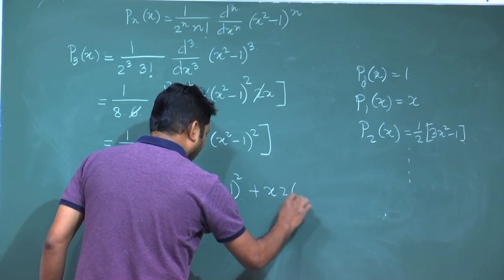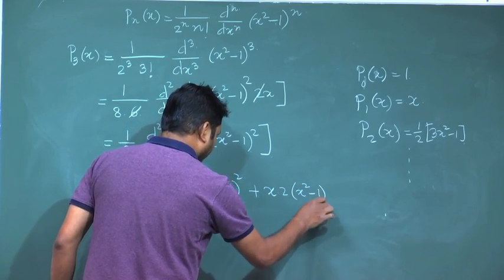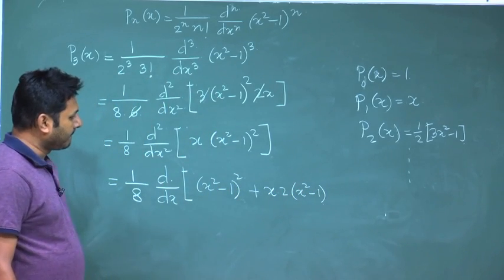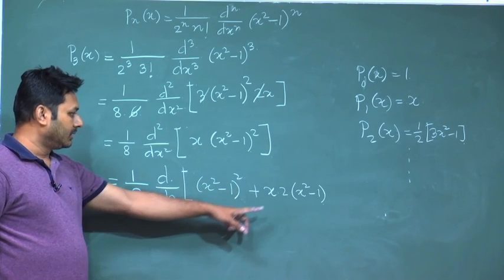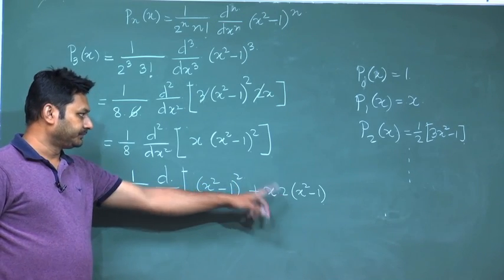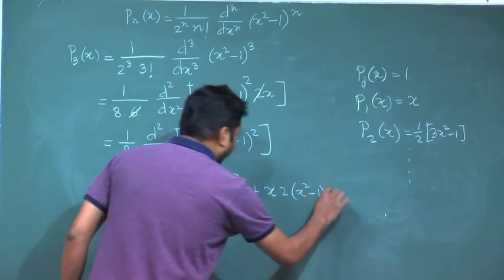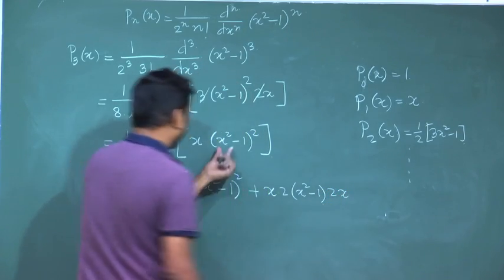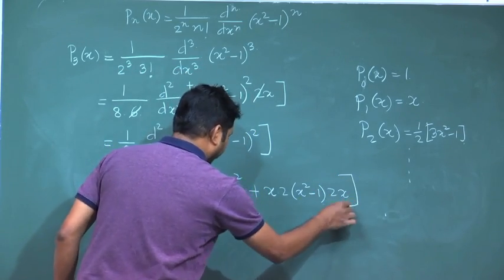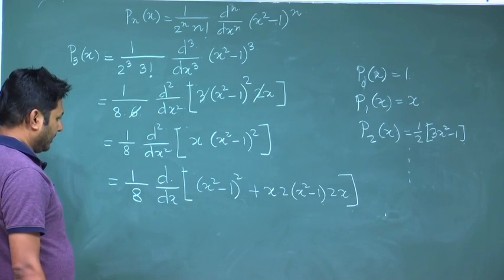So it is 2(x² minus 1), and then for x² I have another 2x. I believe it is fine.